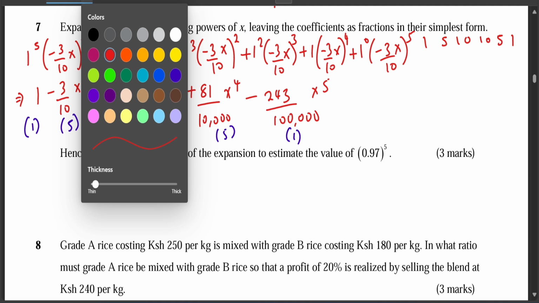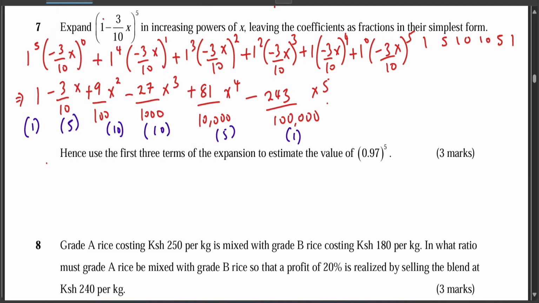It becomes 1 minus 3 over 10 times 5, which is 15 over 10. 15 over 10 is 3 over 2. So 1 minus 3 over 2 x, then plus 9 over 10 x squared.